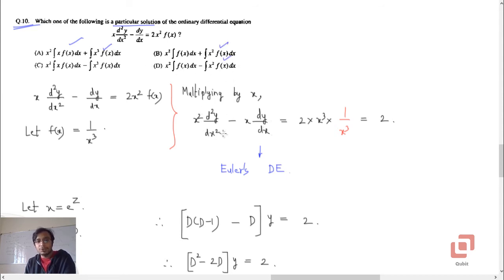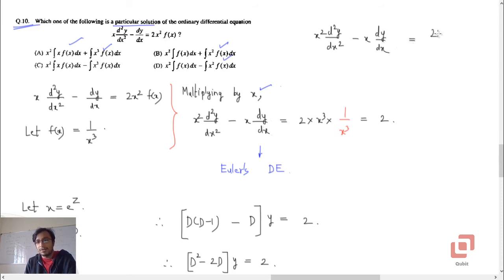So what I did is this: I first multiplied the differential equation by x. Why did I do that? Because if I multiply both sides by x, then the coefficient of d²y/dx² becomes x squared, and the coefficient of dy/dx becomes negative x, and there is no y term.